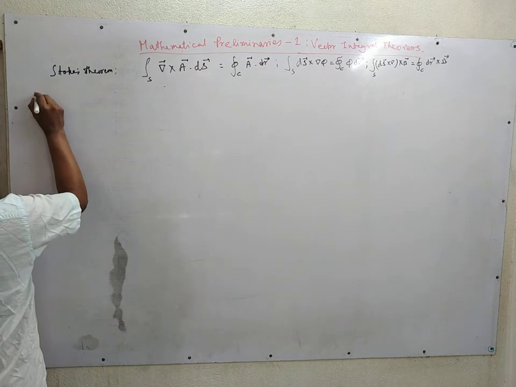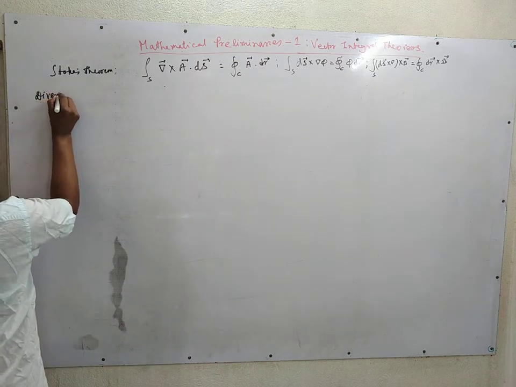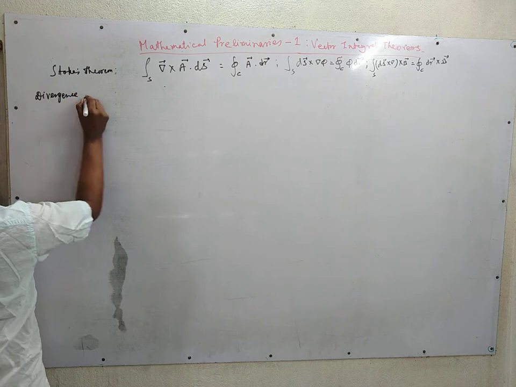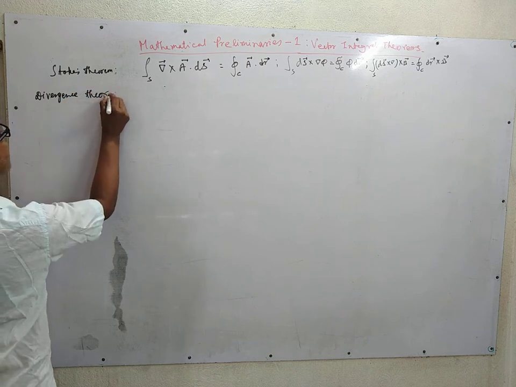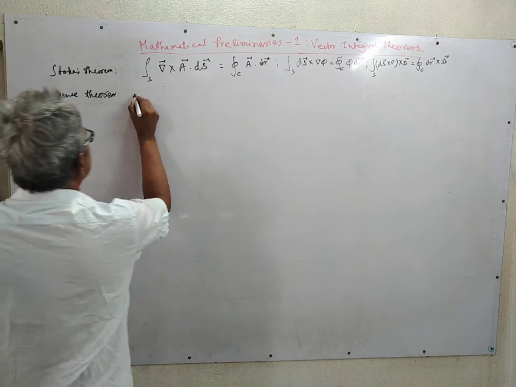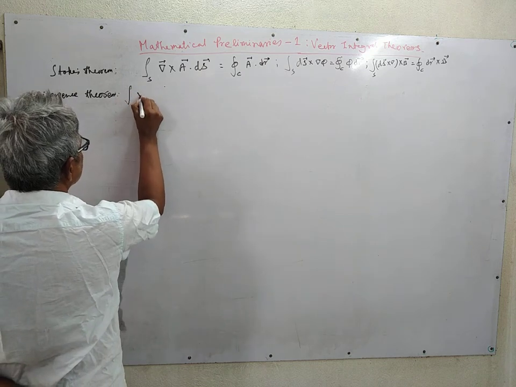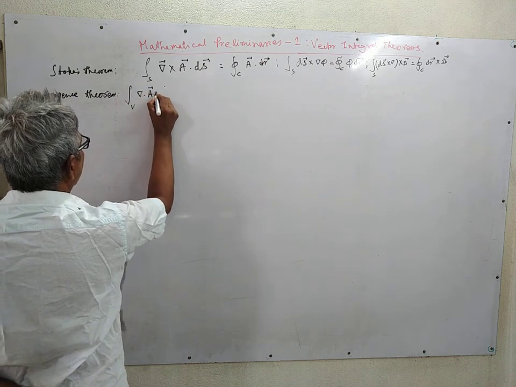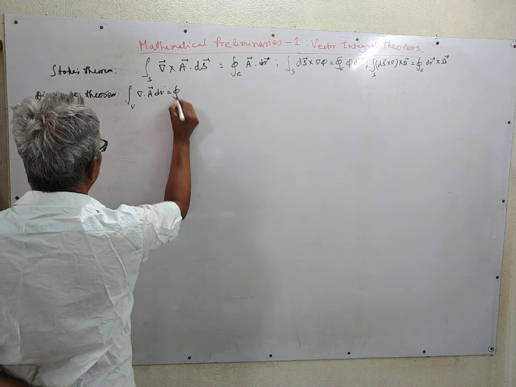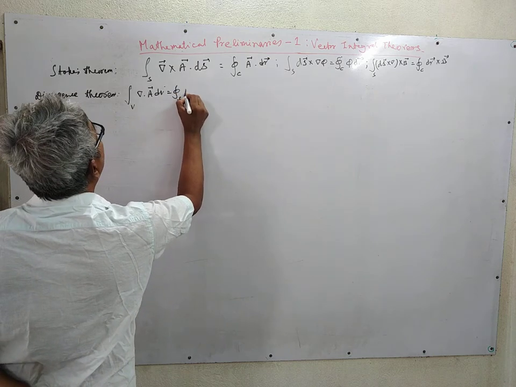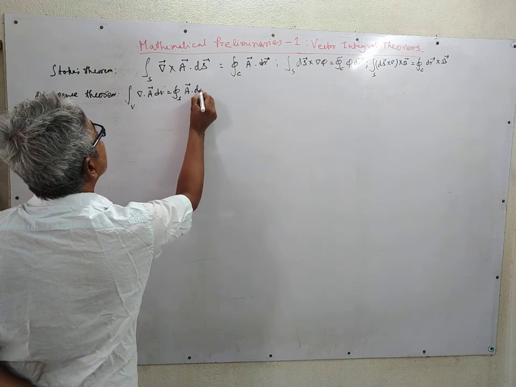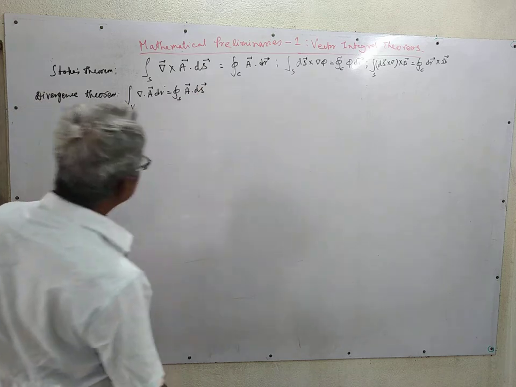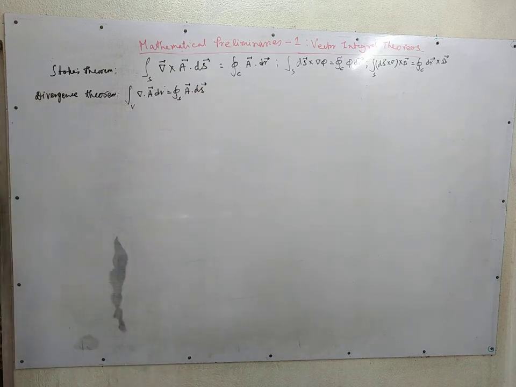So divergence theorem in its normal form is divergence of A integrated over V is equal to closed surface integration A dot ds, where S is the closed surface which bounds the volume V.